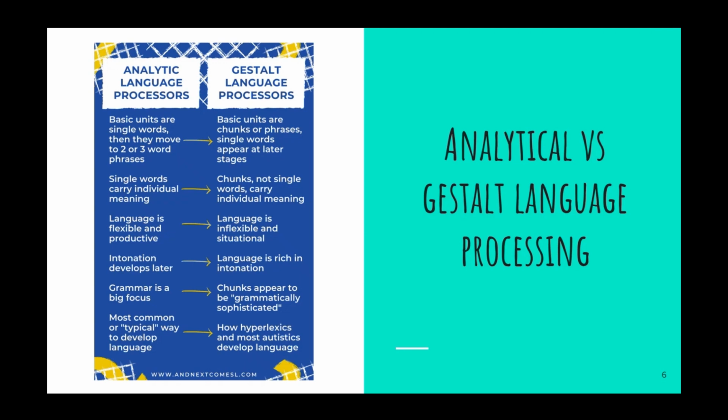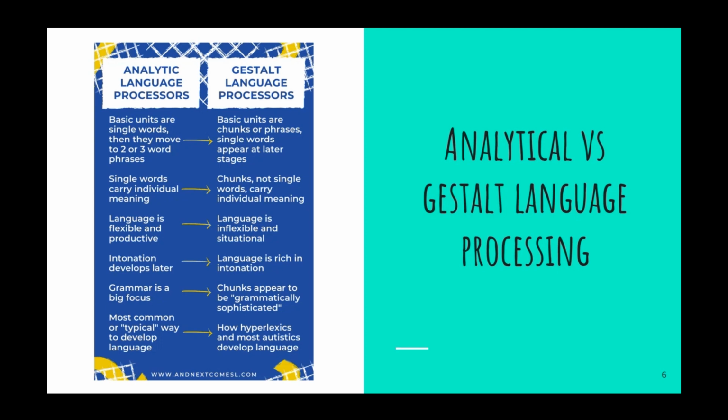So just overall, this image from an SLT's website describes the key differences between analytical language processing and Gestalt language processing. And I'd just like to make clear a few really key implications of these differences. The first one is that the meaning of Gestalts and the intent of the language that a child is using can often be much less clear when that child is using Gestalts.